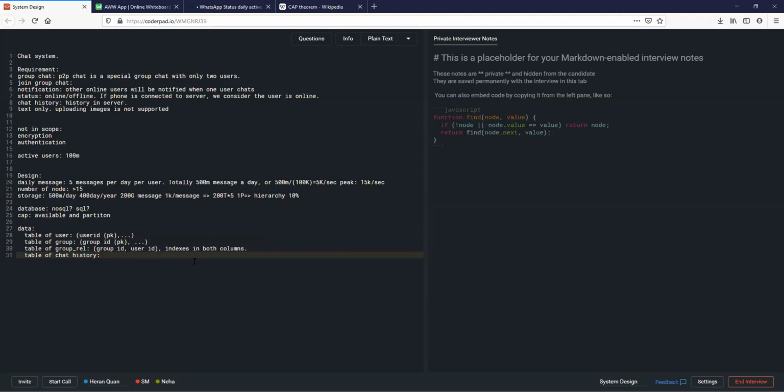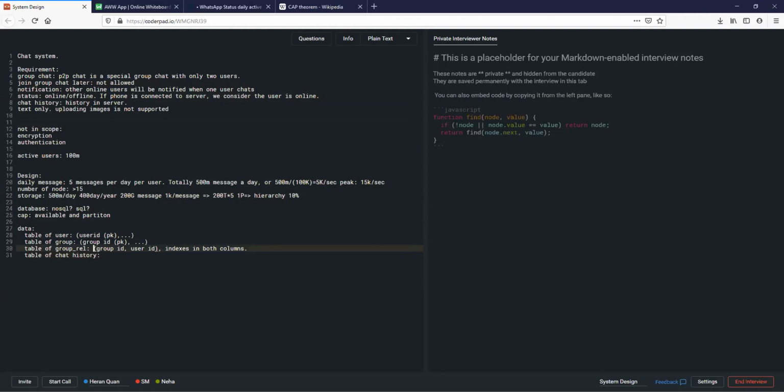And finish this part. So let's assume that we already have the group relation here. We have the group ID and user ID. And if we want to join the chat, let's make it not allowed for now. If we have time, we can talk more later.